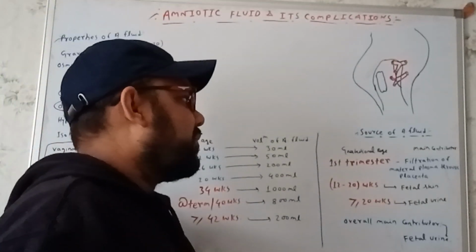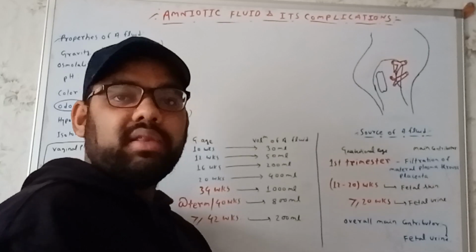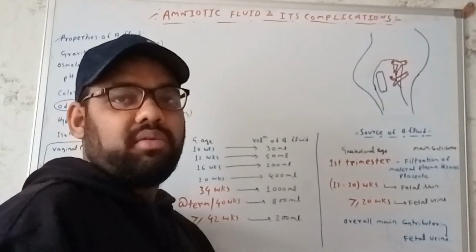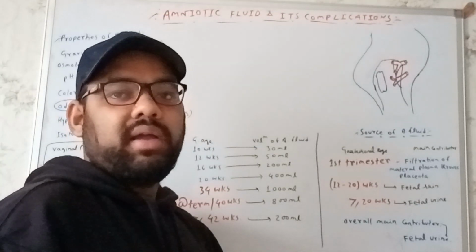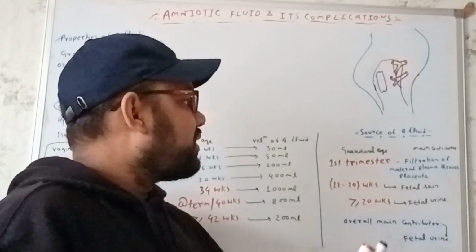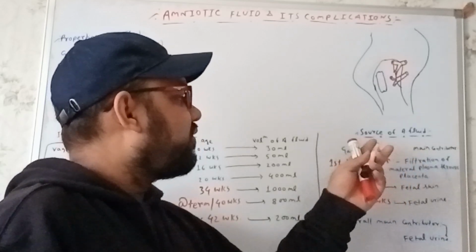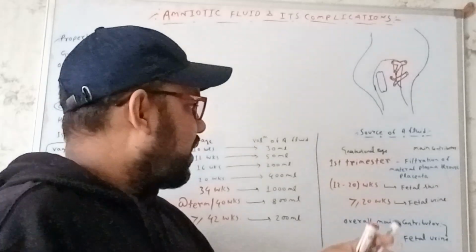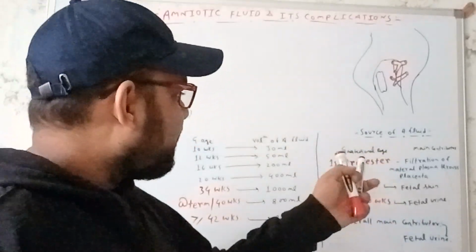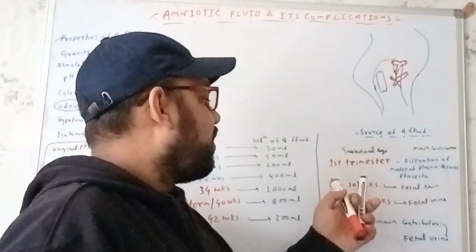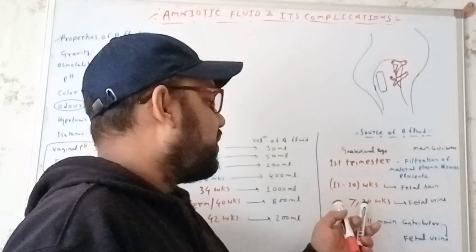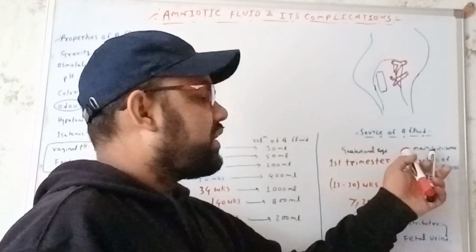Now see, that's another important thing over here. As we know, the amniotic fluid is over here, but from where will the amniotic fluid come? Or in a word, the source of amniotic fluid. So what are the sources of the amniotic fluid in the different gestational ages? I have written over here the gestational age: the first trimester, from 12 to 20 weeks, more than 20 weeks, and the main contributors.